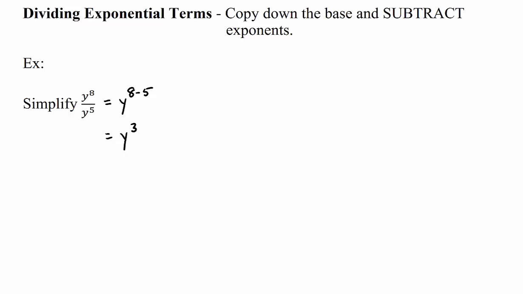Now, why does this work? Well, if I were to expand, what does y to the power of 8 look like? It looks like 8 y's being multiplied out in the numerator. And then in the denominator, y to the power of 5 is going to be 5 y's being multiplied. Now, we're just going to start dividing.